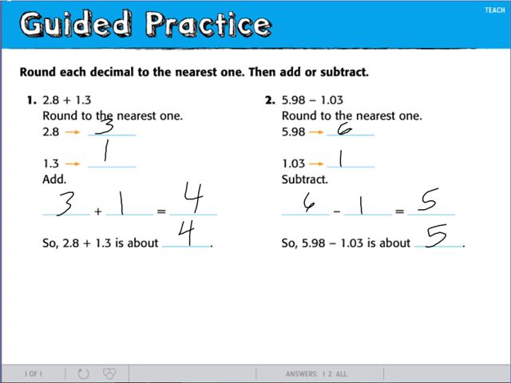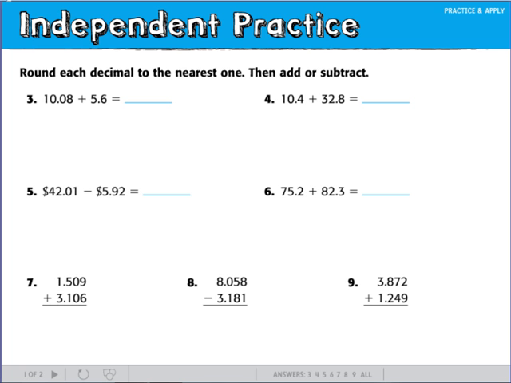So you can see, as long as you round correctly, the math is going to be easy. My first grader comes home with math problems like that once the rounding is done. Yeah? Okay. So, keep track of the rounding, and the rest of it you shouldn't have a problem with.